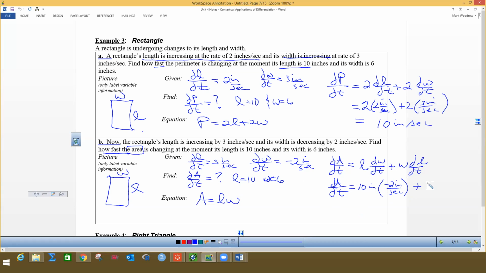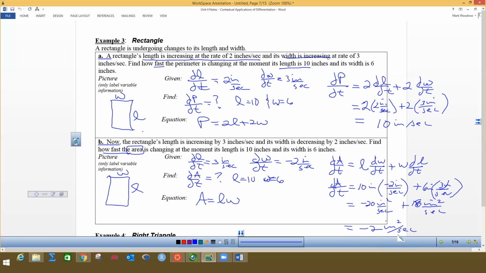And then plus 6 inches, W is 6 inches, and dL dt is 3 inches per second. So see, this is going to be negative 20 inches squared per second plus 18 inches squared per second, which is going to end up being negative 2 inches squared per second.